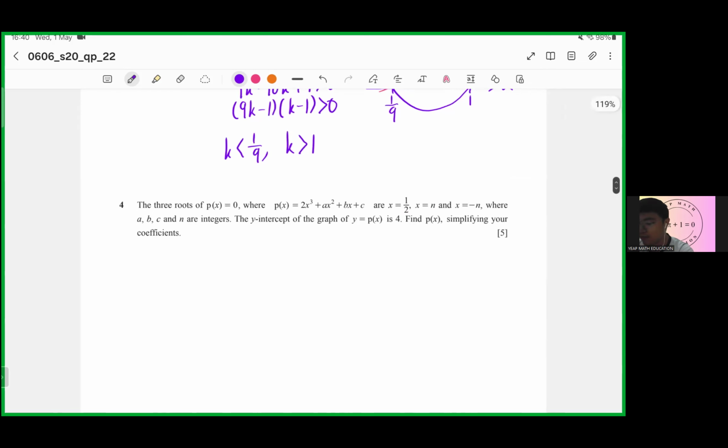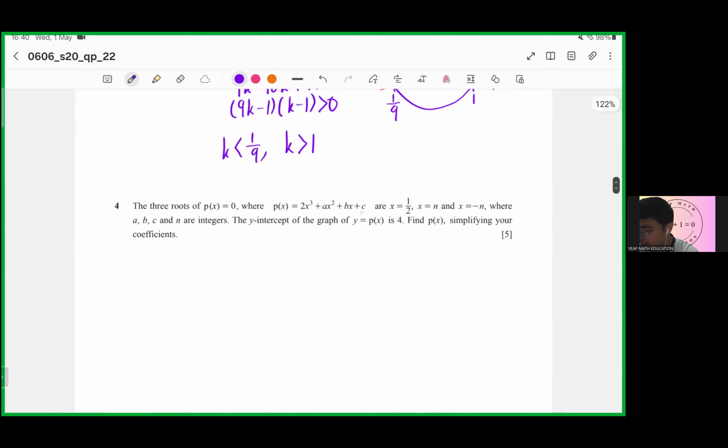So find p(x), simplifying your coefficients. As we know, we can confirm c is equal to 4. Now we can write it this way: 2x minus 1, x plus n, x minus n. Now we expand, then we compare coefficients.